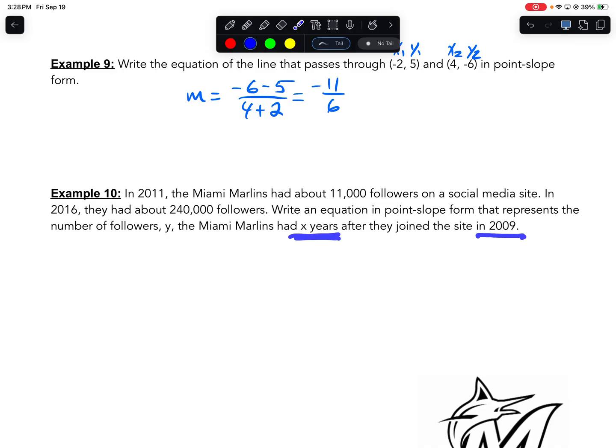Okay? So how many years after 2009 is 2011? 2. How many years after 2009 is 2016? 7. So this is my x1 and this is my x2. The first followers we see is the y1. The second followers we see is the y2.